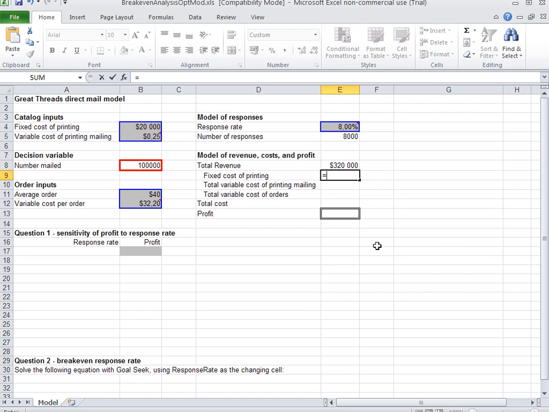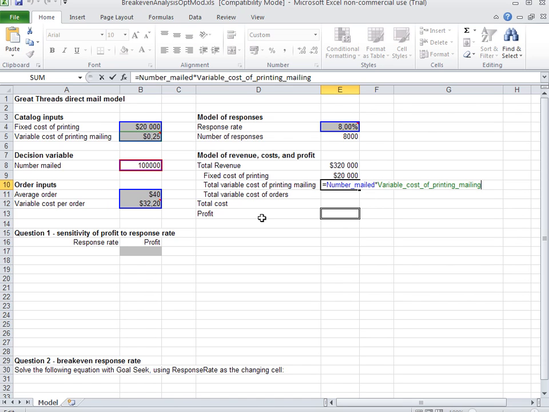Let's look at costs that we also have. The first cost equals 20,000, the fixed cost of printing. So that was one of the costs that we always had. Now the other cost is sending out those mail order catalogs, which equals 100,000, which is number mailed, times 25 cents per sending out and mailing the catalog.